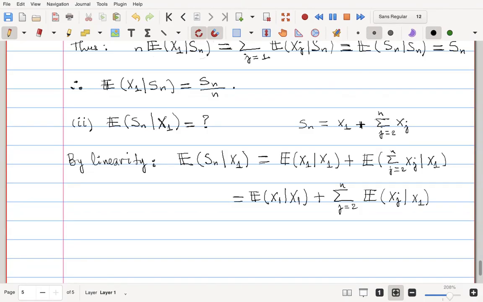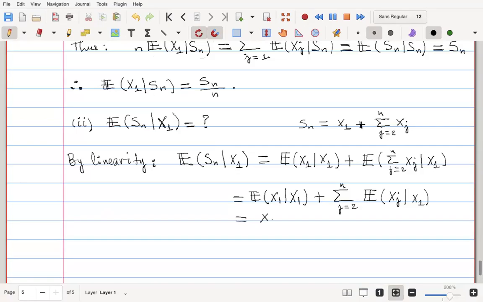And we know that the xj's are independent of x1. We can also see that x1 is sigma(x1)-measurable, because we condition with respect to x1, so by measurability, this will give us exactly x1.